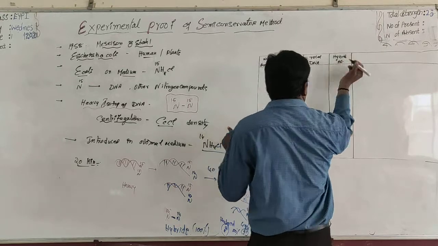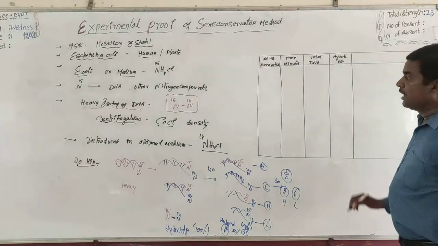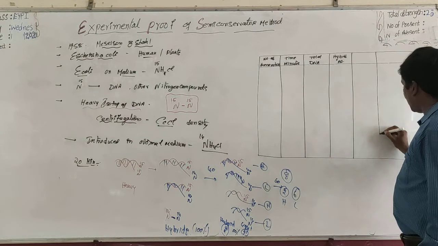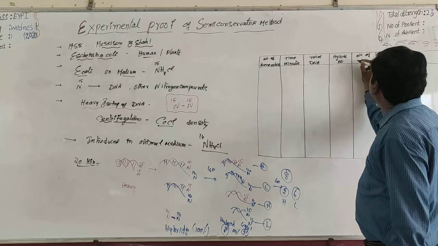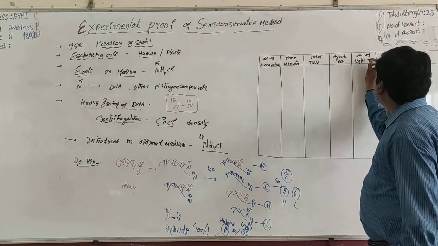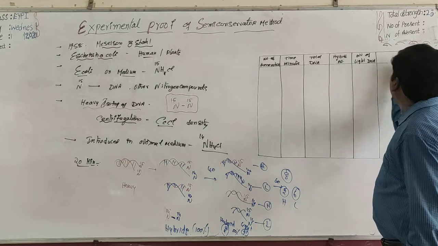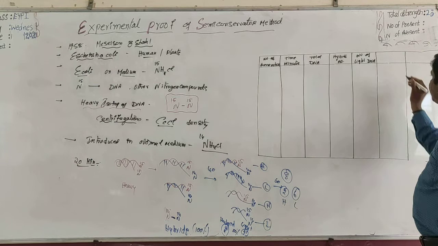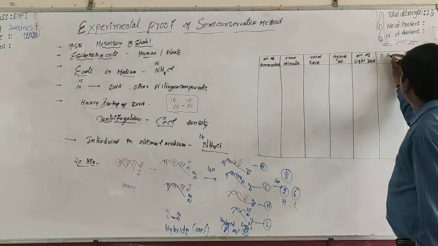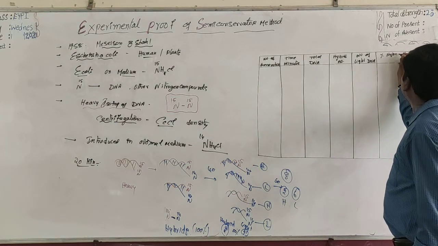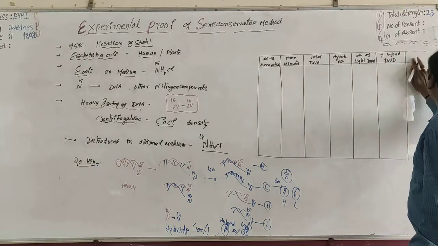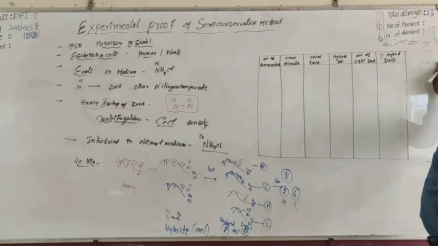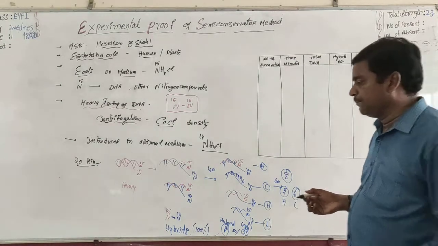Next column for number of light DNA. And another column for percentage of hybrid DNA. So that is the table. Now coming to one by one.